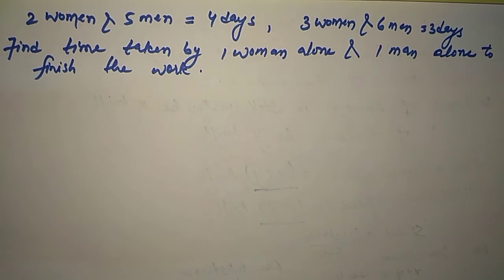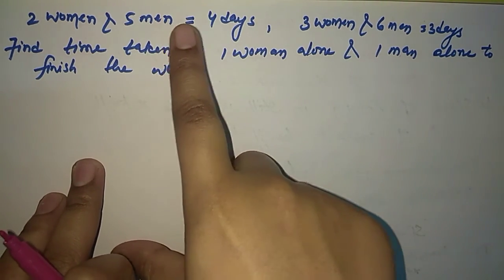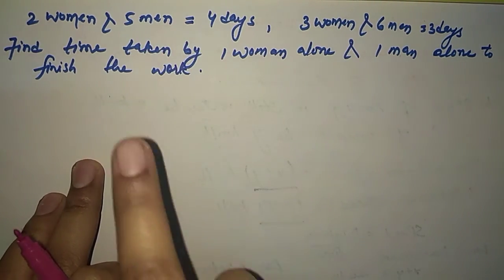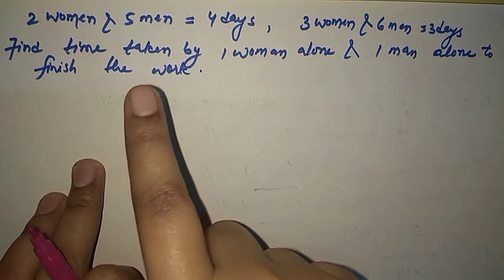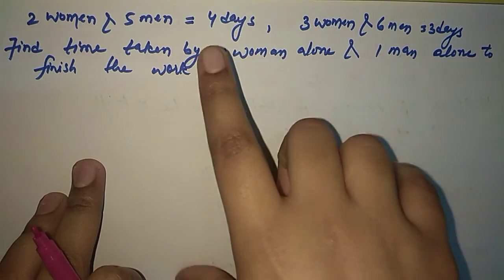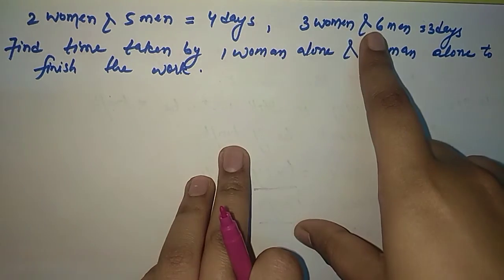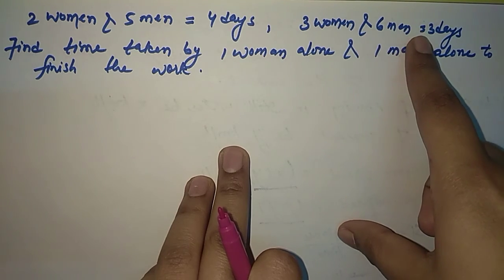So here I have written the question in short form, that is 2 women and 5 men can together finish an embroidery work, or any work, in 4 days, and 3 women and 6 men can finish that work in 3 days.